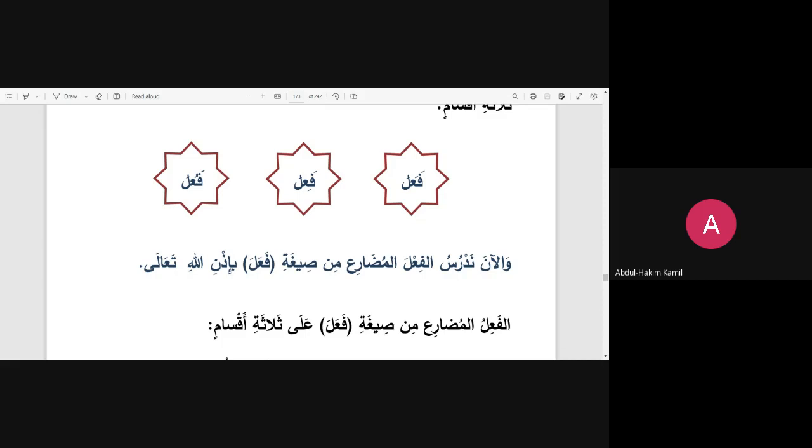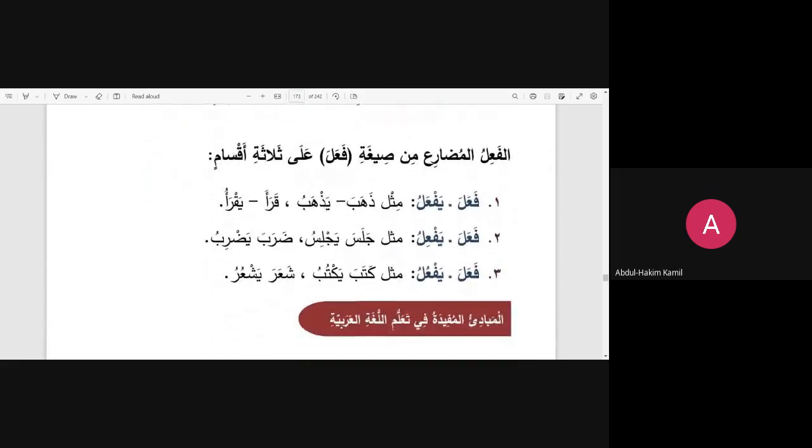Jalasa yajlisu, daraba yadribu. Or it could be fa'ala yaf'ulu, like dakhala yadkhulu, sha'ara yash'uru, and tabakha yatbukhu. Tabakha has 2 forms: it could be yatbakhu or yatbukhu. Tayyib. How are we doing online? Is that understood?